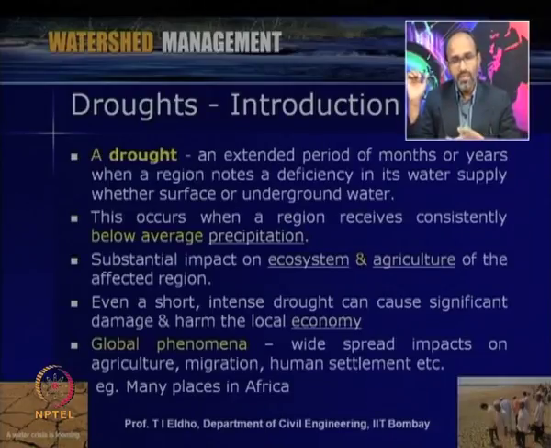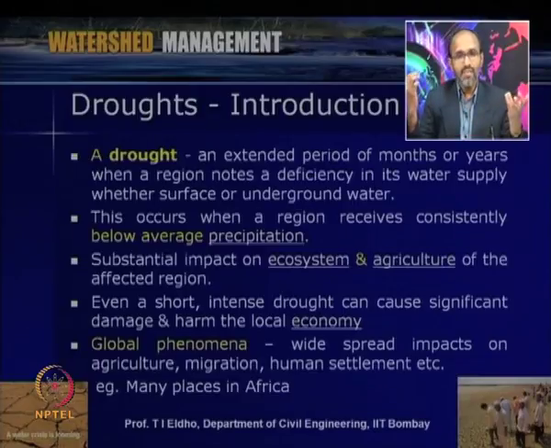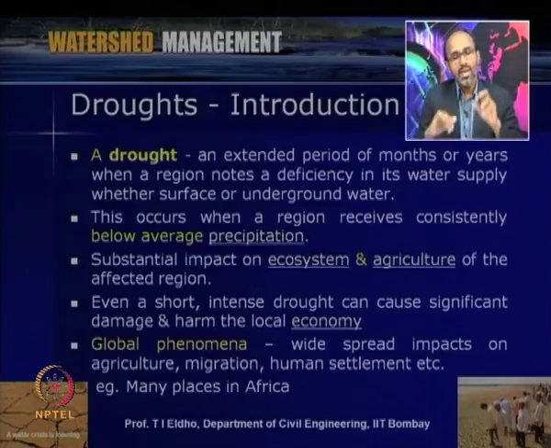When there is no sufficient rainfall for a few seasons or a few years, or even when sufficient rainfall comes for 2-3 months but then for 7-8 or 9 months there is no rain at all and no sufficient water available, it can be a short term or a long term drought. Droughts occur when a region receives consistently below average precipitation.